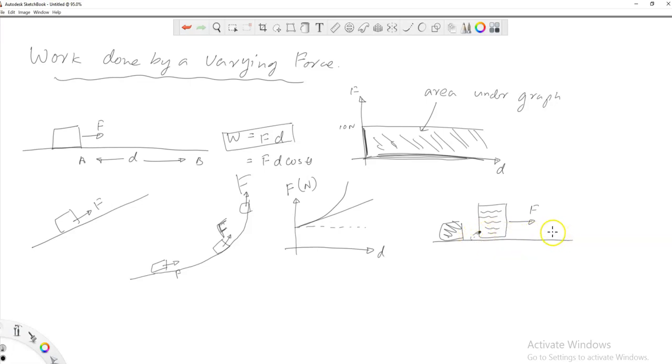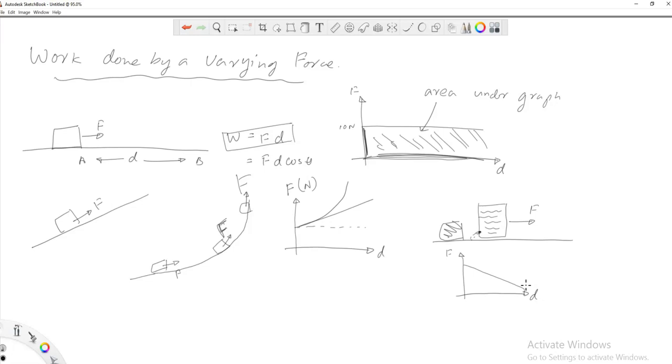So as you move, the water level decreases, the weight decreases, so the amount of force you need to apply decreases. So here's a situation, it might look like this: displacement and force, it might go like this, decreases, right? So I'm showing you a bunch of examples where the force may not be constant throughout the time, throughout the distance.